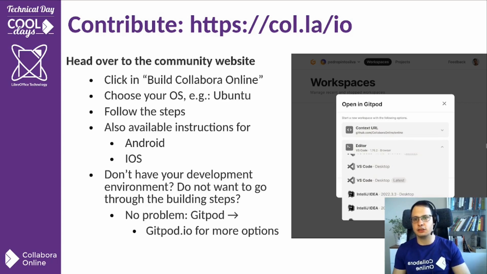Everything became easier with the additions to all this documentation on our website, be that particular to a specific distribution or operating system, or via Gitpod, and you will find more information on how to build Collabora Online without the need to install any dependencies or change your local environment, via Gitpod.